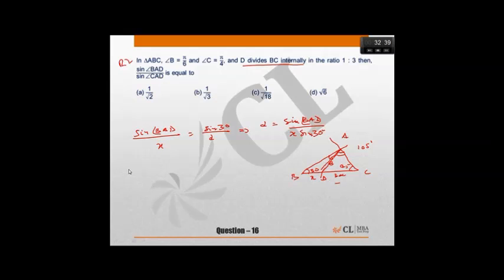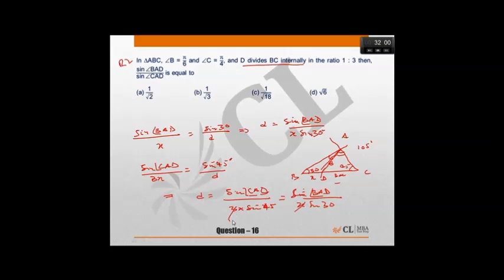Similarly, if I look at the other triangle, we can say sine of angle CAD upon CX should be equal to sine of 45 upon D, which implies D is equal to sine CAD angle upon 3x sine 45, which is the same as sine of BAD upon x sine 30.